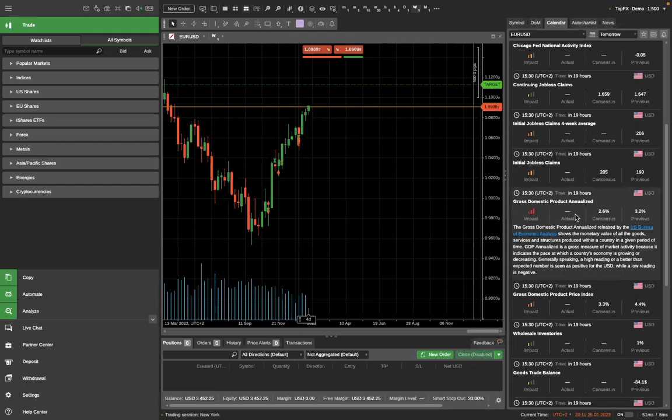So please be very, very aware of the fact that the market volatility will be directly dependent on the market being surprised or disappointed by the released data. In our situation, this is of course gross domestic product. So with this example, you can of course build a whole strategy around it, but the first thing you can use the economic calendar for, for this particular event to be more specific, is to research the markets.